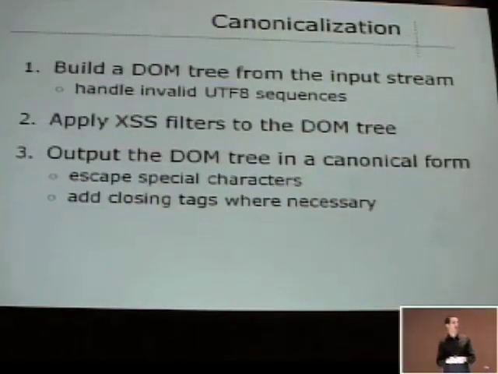And the canonicalization also makes sure to escape all the special characters properly and close all tags that are not closed. So by being very careful about how you do the output, you can ensure that the browser, when parsing that output, will interpret it in the exact same way that your filter interpreted it. And this is a much safer way to do cross-site scripting filtering.